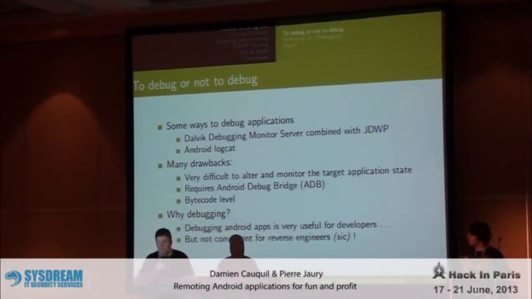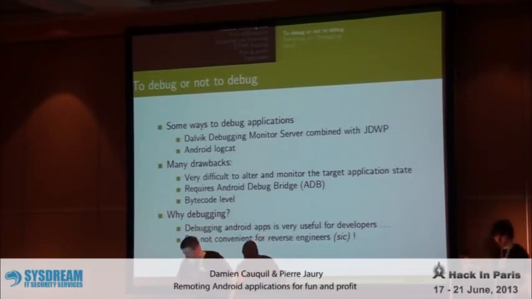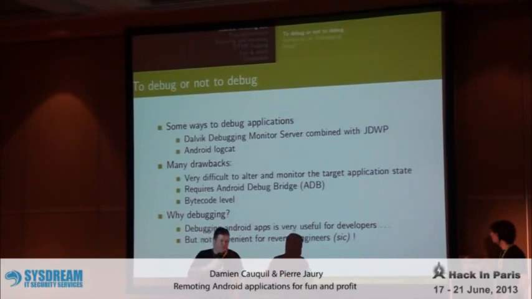The DDMS is the debugging monitor server, which is used to get a lot of information about the Dalvik VM, in which run all the applications on the Android platform. We also have the Logcat. The Logcat is a kind of log implemented in the phone and providing a lot of information about the application that is run on the phone.